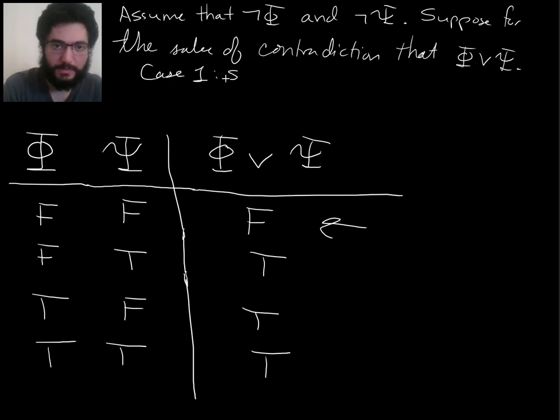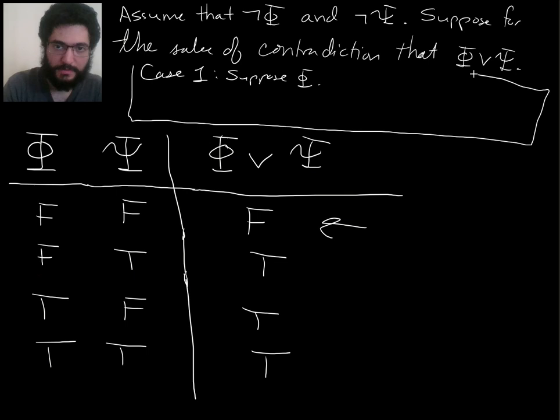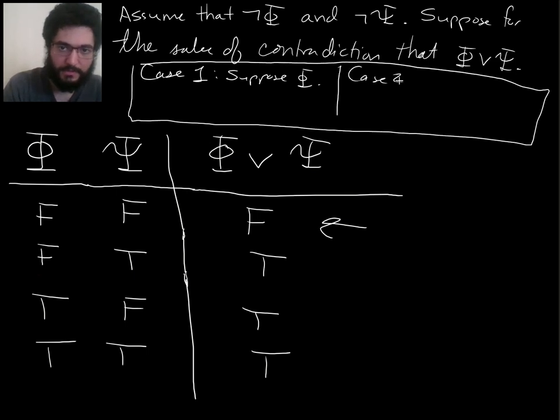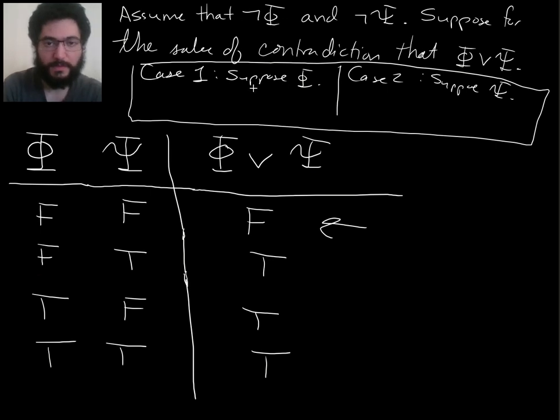Case 1, suppose phi, and case 2, suppose psi. Now, in case 1, since I have phi, and I have not phi from above, there's my contradiction.